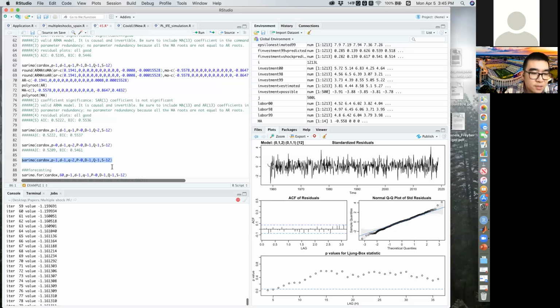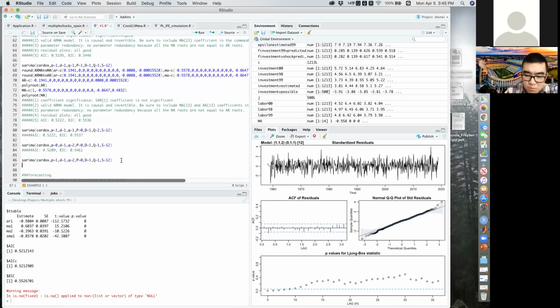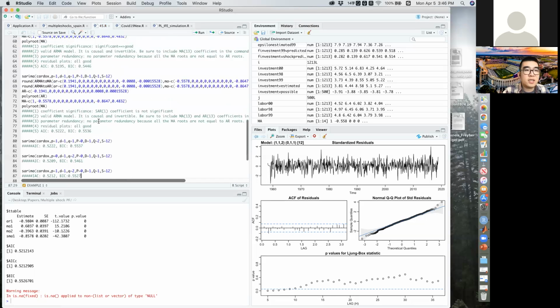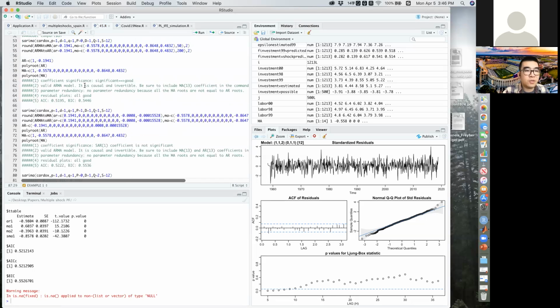Okay. And for this last model, yeah, it takes some time to run. And the AIC I find is 0.5212 and BIC is 0.5527. Yeah, so I consider this couple of more models, and I realize that all these models have larger AIC and BIC than my model number 2.